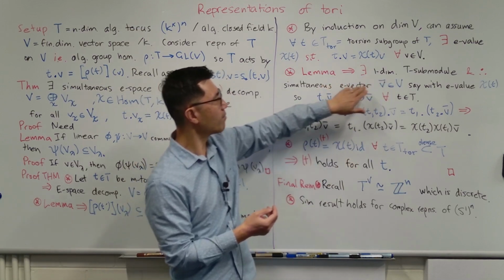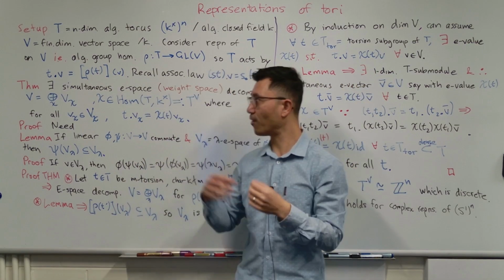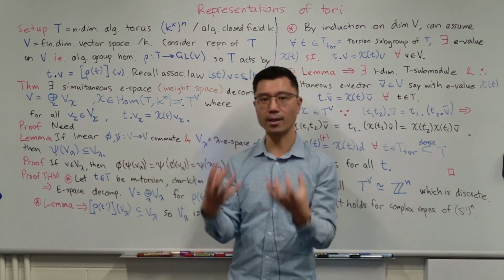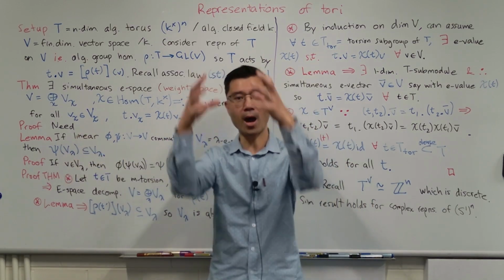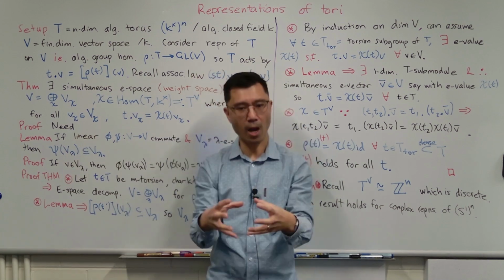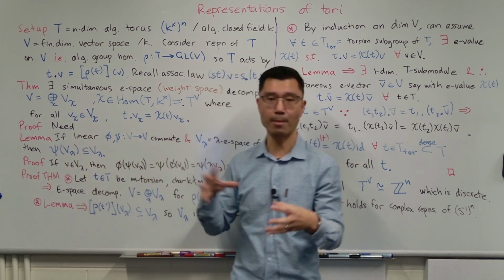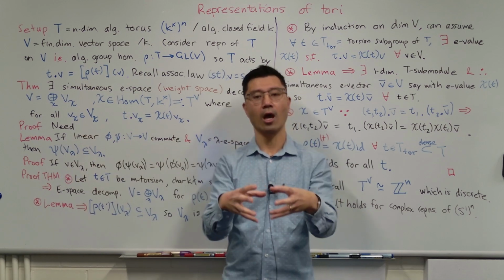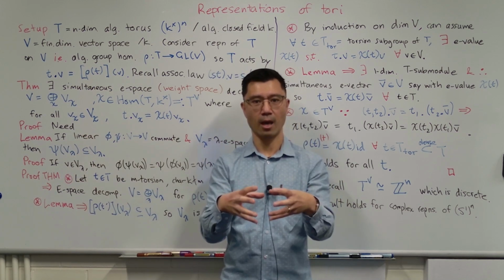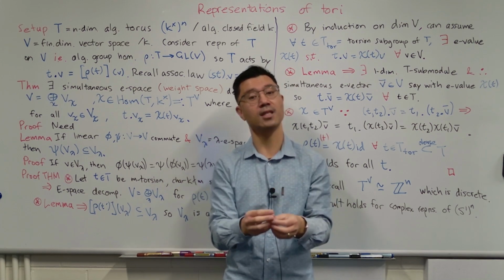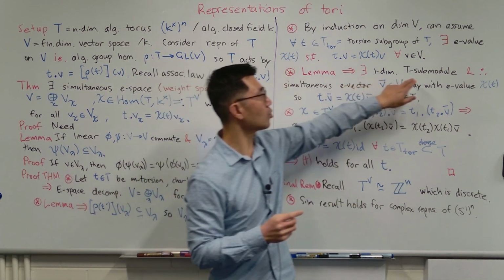But if that's not the case, suppose you can find an element of the torus such that it's not a single eigenspace, then you can find some proper eigenspace. And that proper eigenspace will also be a T submodule by the lemma. It's going to be a smaller, non-zero subspace. Then you can apply induction, and you can get smaller and smaller until you find a one-dimensional T submodule.